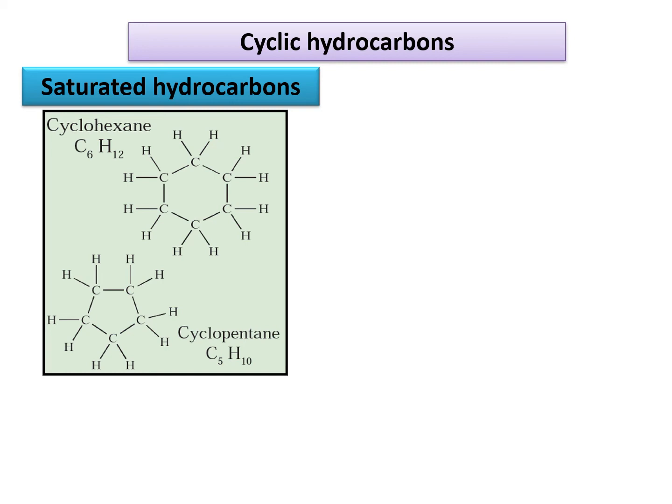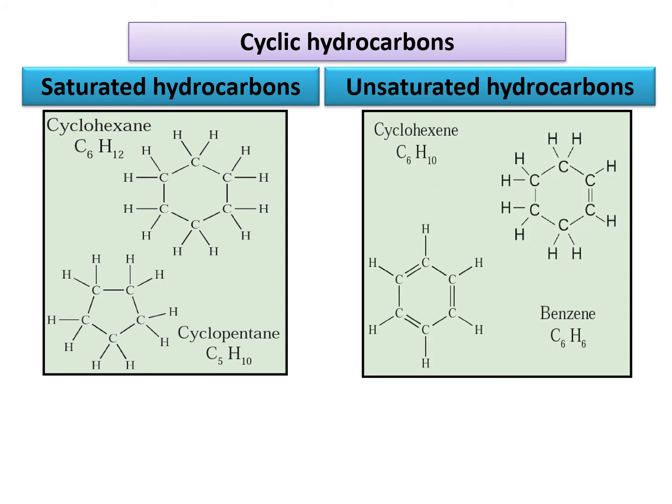In cyclohexane there are 6 carbons, all joined by single bonds, and in cyclopentane 5 carbon atoms are joined by single bonds. The remaining bonds are formed by hydrogen atoms, and therefore cyclohexane and cyclopentane come under saturated hydrocarbon.